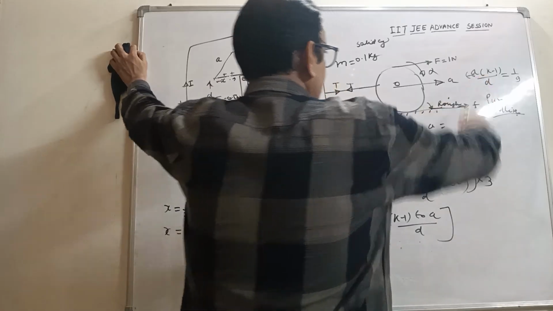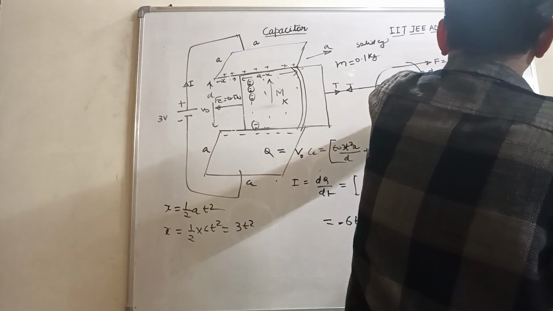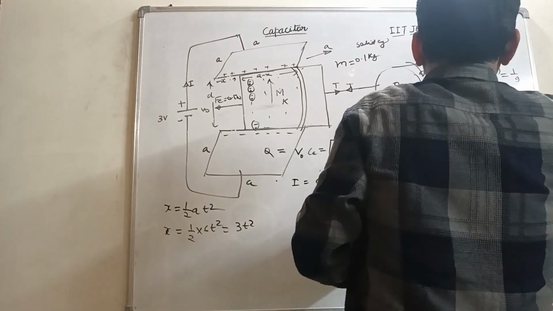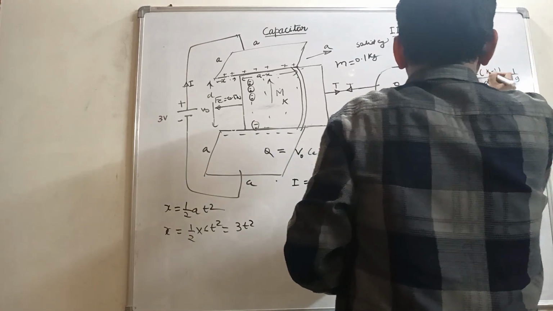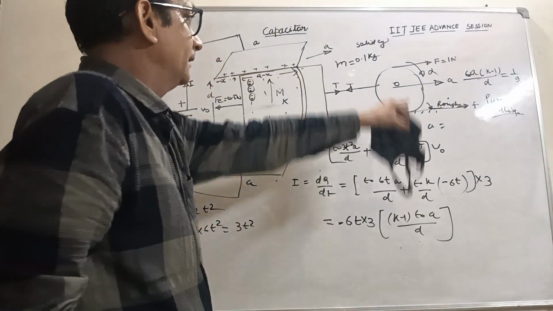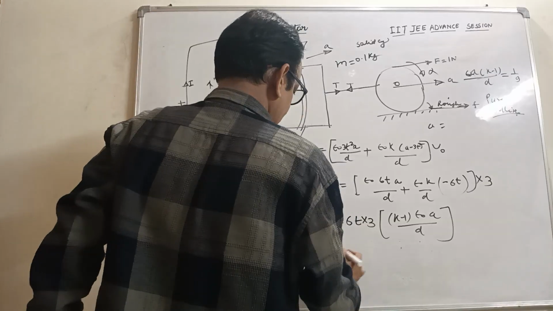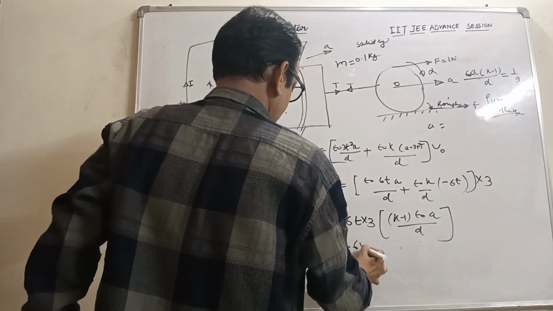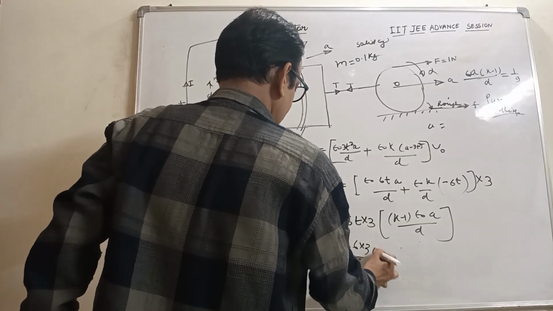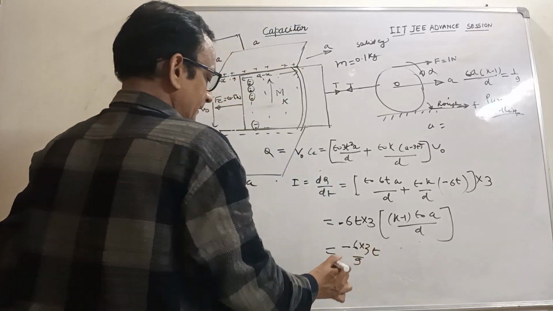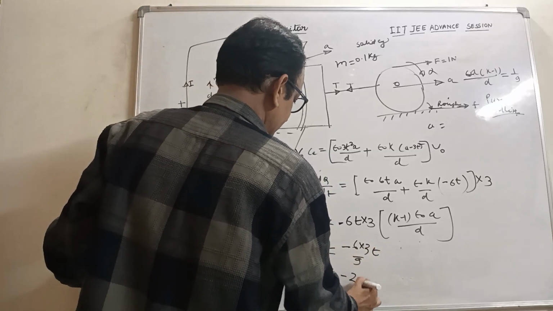So this is the value, epsilon naught a k minus 1 into a by d. This is 1 by 9. So this becomes 6 cross 3 by 9 into t, which is 2 minus 2t.